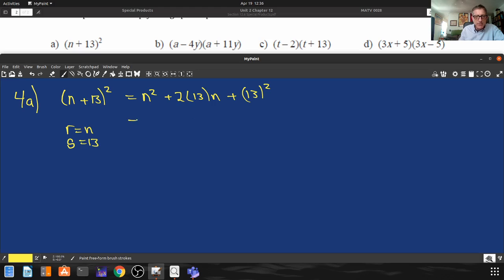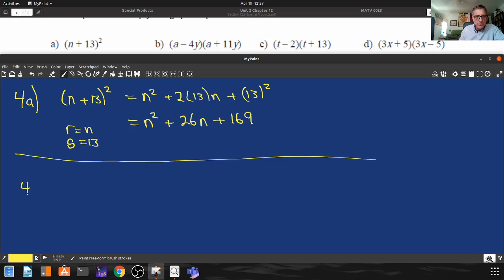So I just have to simplify it. n squared, there's nothing to be simplified. 2 times 13 is 26n. And 13 squared is 169. So we dispatched that one pretty easily.